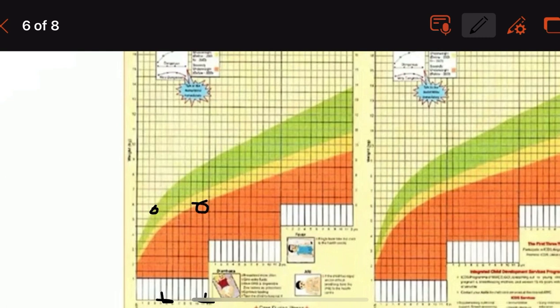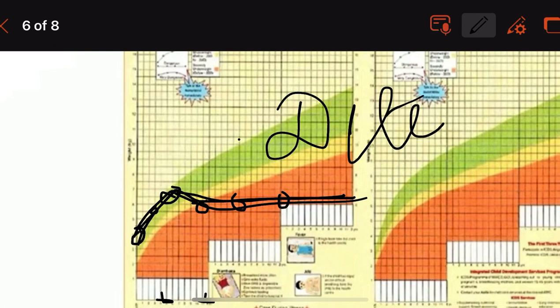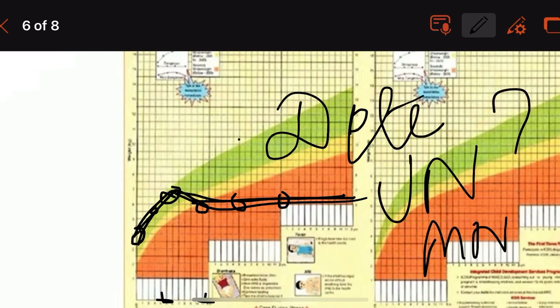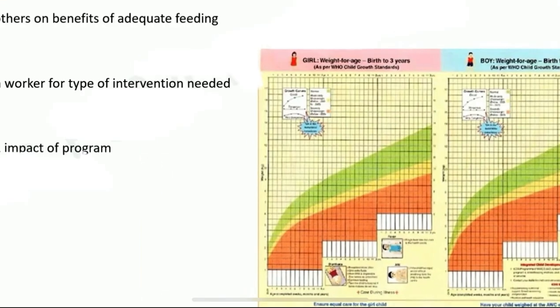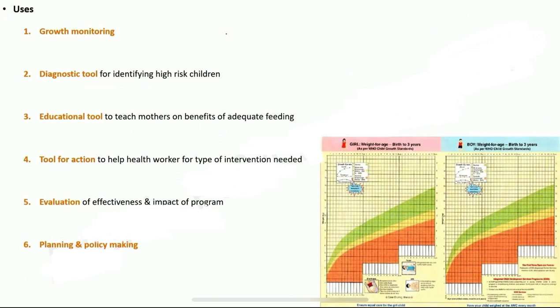So we see that the baby's weight which was going up is now falling down. This way you can show that your baby's health is deteriorating. So the baby is undernourished, it is malnutrition now, so she has to work on it and provide proper nutrition to the baby. This is how you can educate the mother regarding the health of the baby.